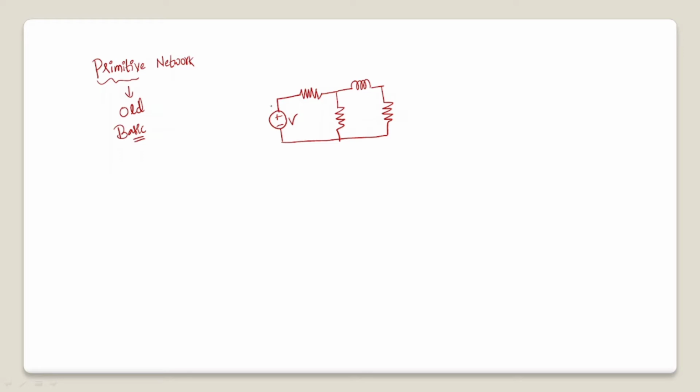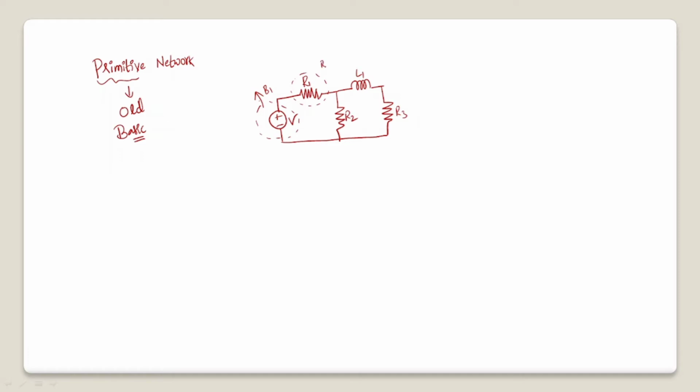Now, we can call this voltage source one branch. Let us assume this resistor as R1, this as R2, this as R3, and this inductor as L1. The voltage source can be considered as one branch, B1.